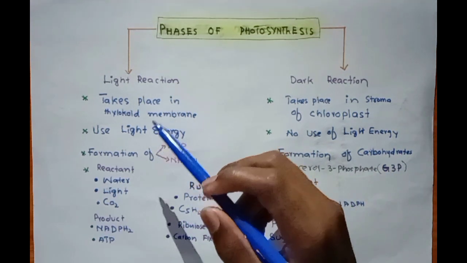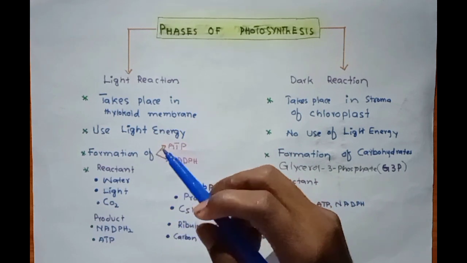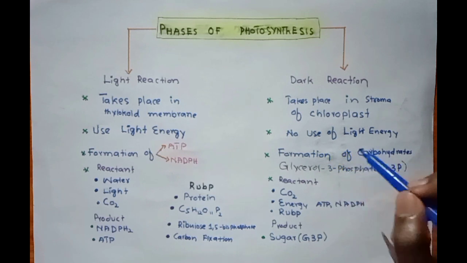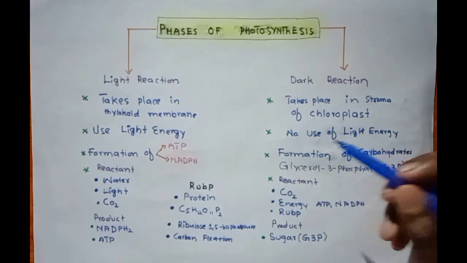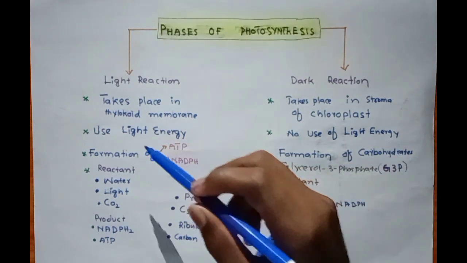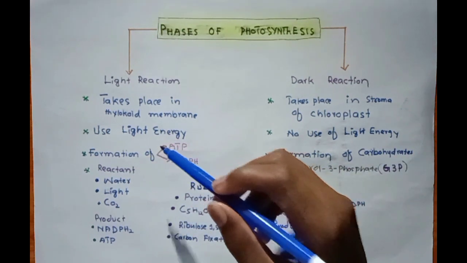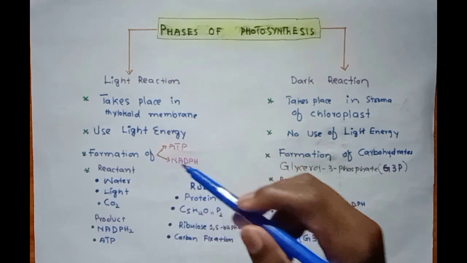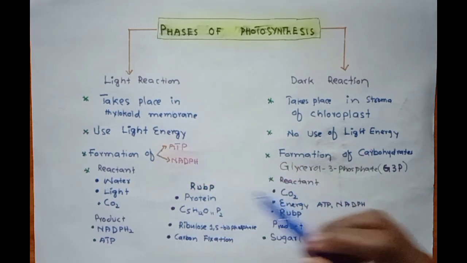In the light reaction there is use of light energy, but in the dark reaction there is no use of light energy. It can occur 24 hours, but the light reaction occurs only in daytime. In the light reaction there is formation of ATP and NADPH.